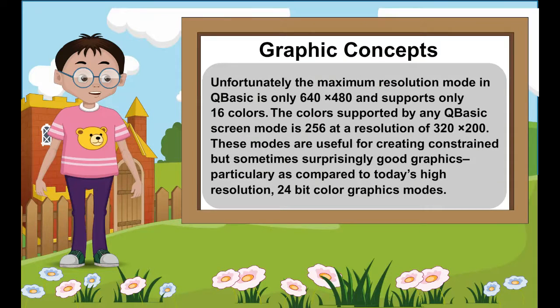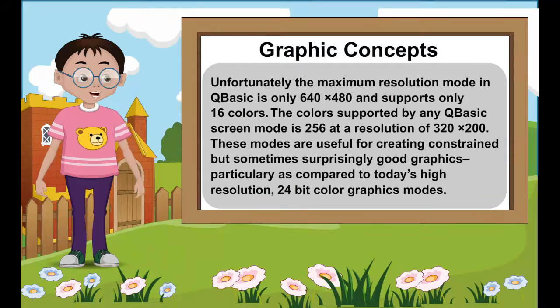Unfortunately, the maximum resolution mode in QBasic is only 640 multiply 480 and supports only 16 colors. The maximum number of colors supported by any QBasic screen mode is 256, at a resolution of 320 multiply 200.